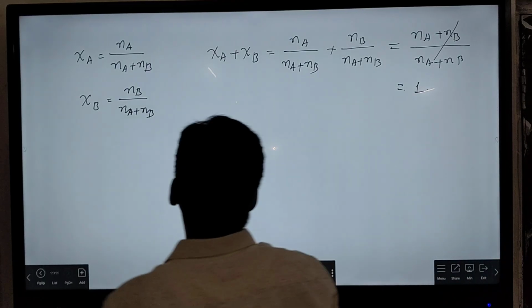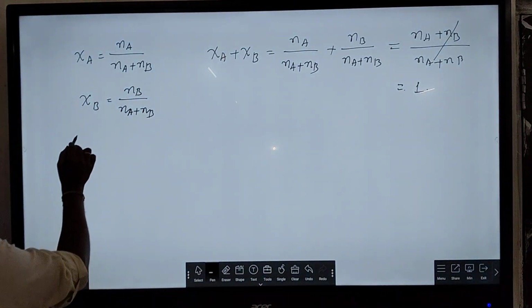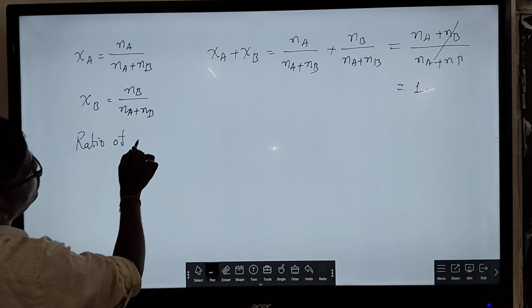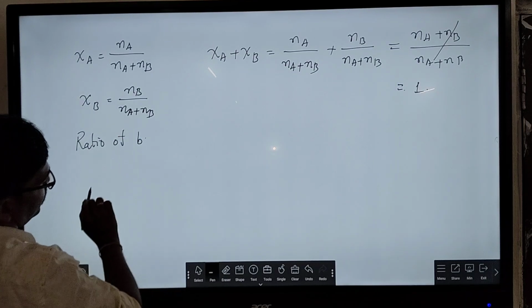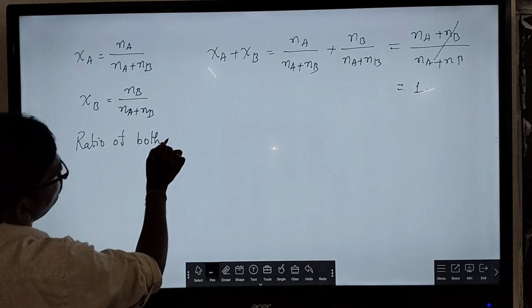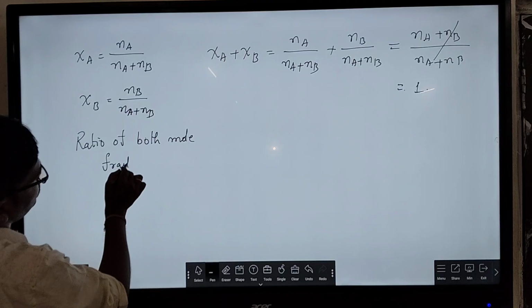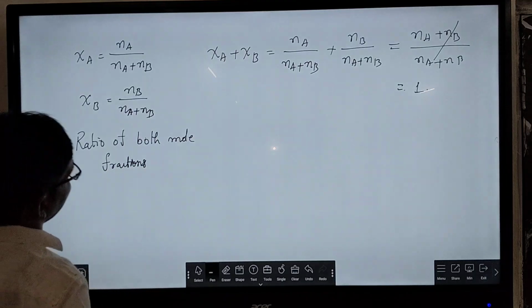Now if you take the ratio of the mole fractions of both components, look at that.